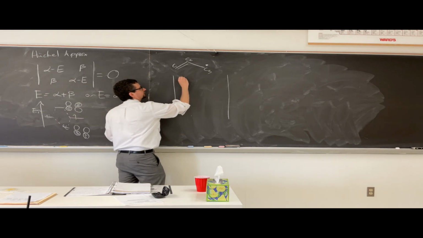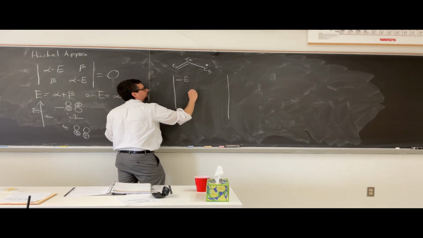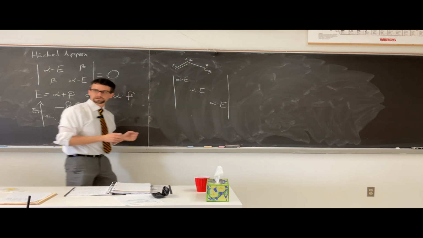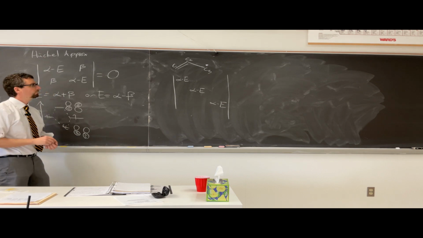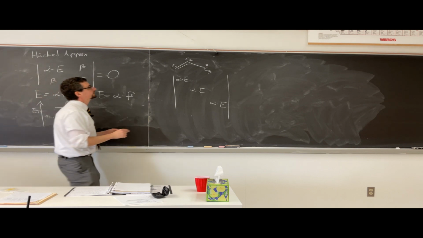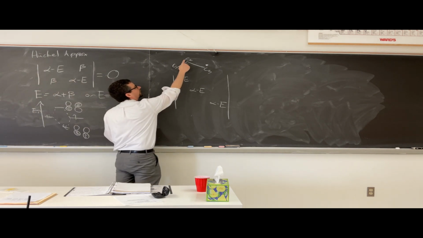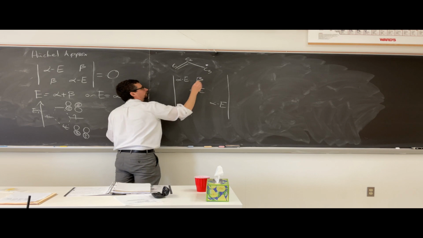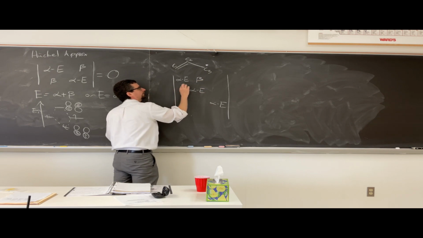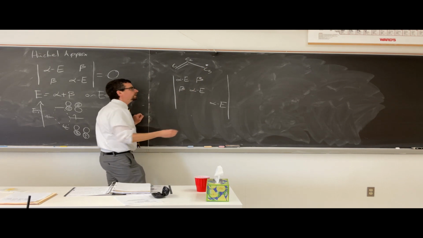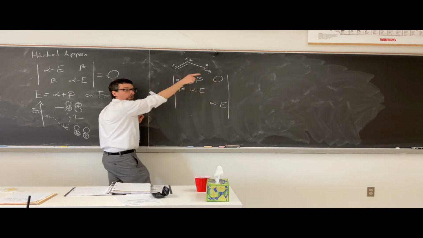Along the diagonal, we have this. Now we got to look at adjacent carbons, and that's where we have betas. So between carbon number 1 and carbon number 2, what should this term be? Yep. What about this guy? Yep. What about between carbon number 1 and carbon number 3? 0. Because there's no overlap between them.